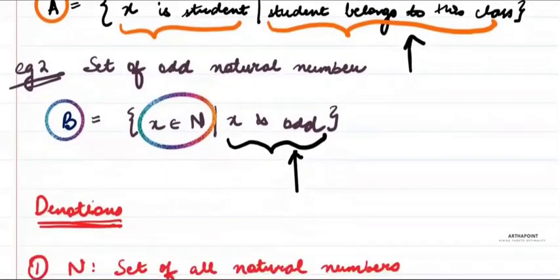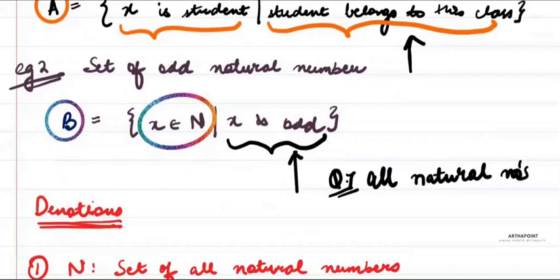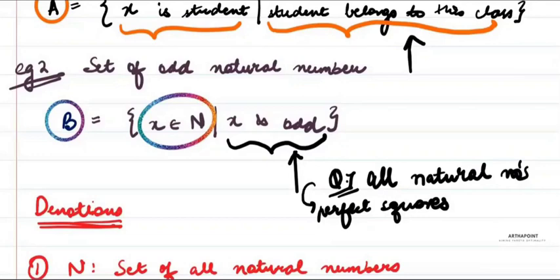So, for example, I tell you that I want all, and I want you to try this once. I want all those natural numbers which are perfect squares. Which means I want all those natural numbers which, when you find out the root, you get a natural number only.